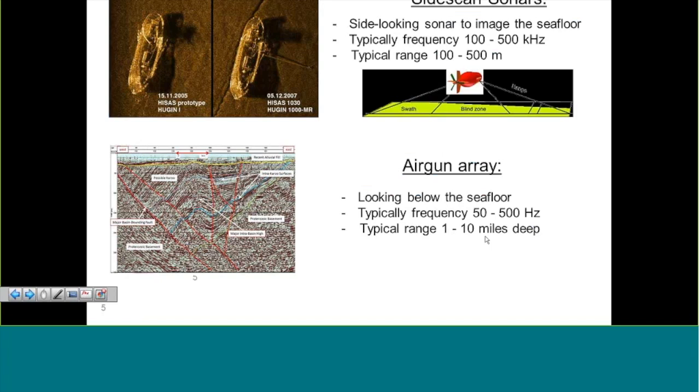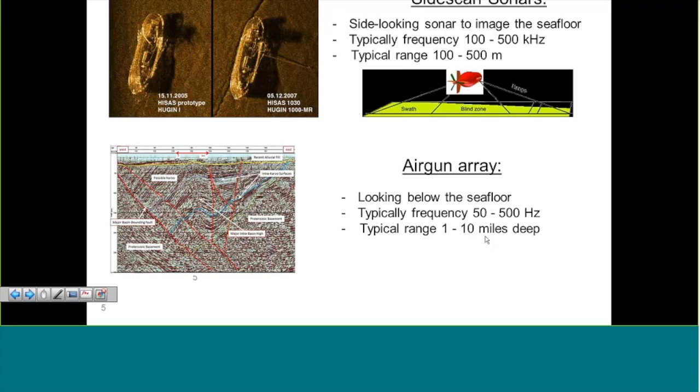Everything from being able to see what's on the ocean floor, like we can with the upper portion of the slide here, the side scan sonar, which lets you basically see what's on the ocean, and you can penetrate into the ocean's bottom to find cables or pipelines, or if you use the right equipment, the bottom half of the slide showing you what an air gun can do to look at the structure of the sediments underneath and what has the potential to carry or to bear oil and gas or other materials that will be of interest to man.